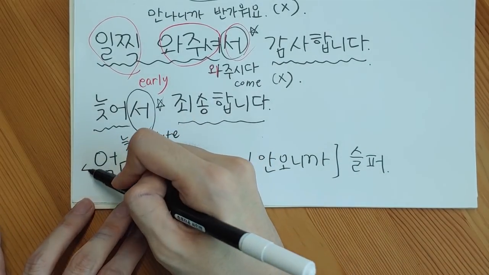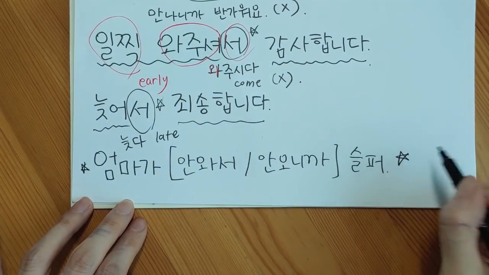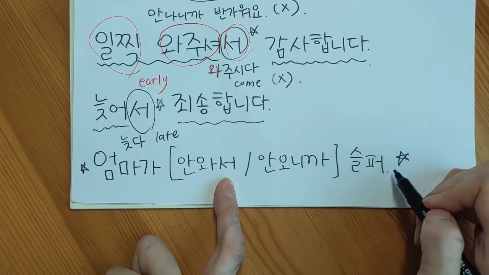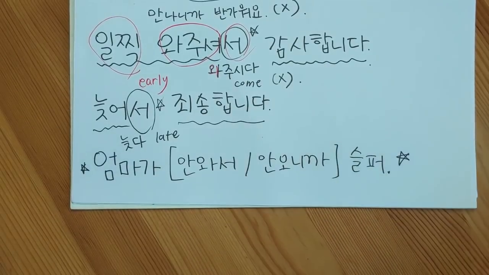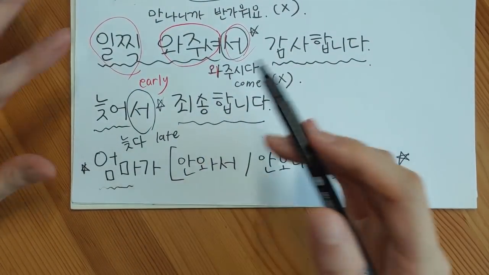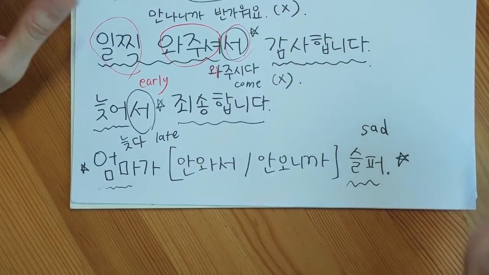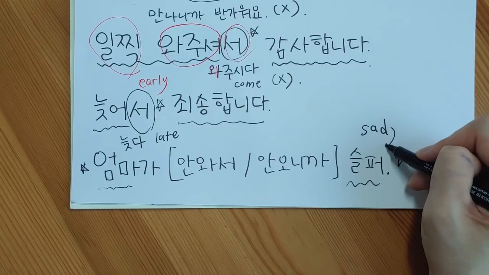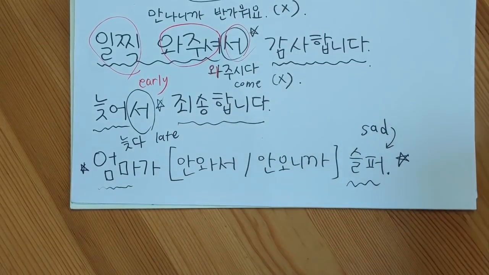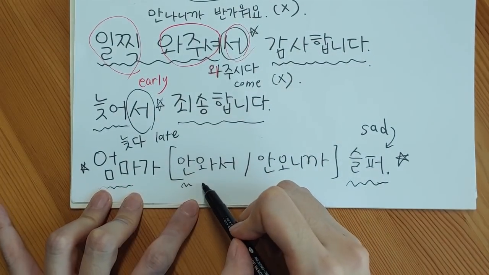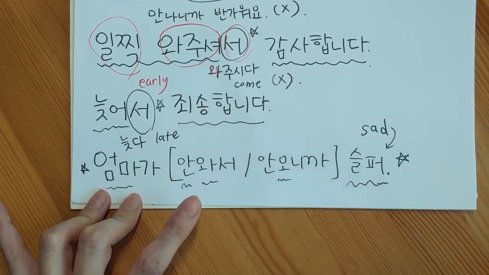Let's take a short little quiz here. 엄마가 안 와서 슬퍼, or 안 오니까 슬퍼. First of all, 엄마 means mom, and 슬퍼 is a present form of 슬프다, so it means sad. 엄마가 안 와서, 안 오니까.